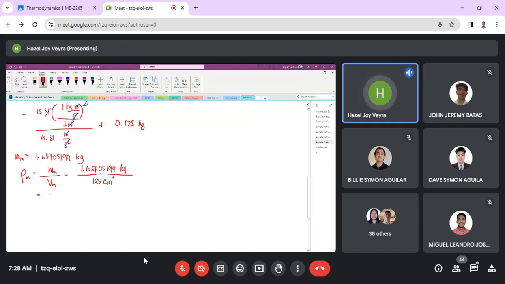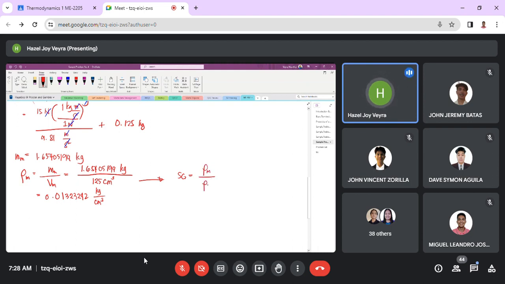So solving for the density, we'll have 0.01323242 kilogram per cubic centimeter.